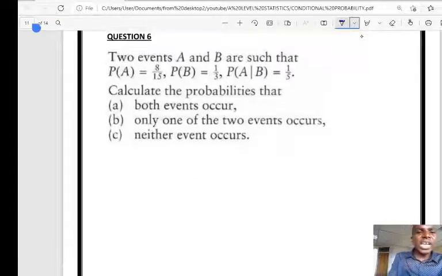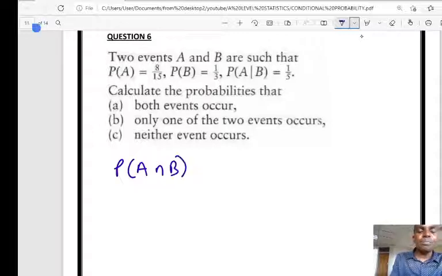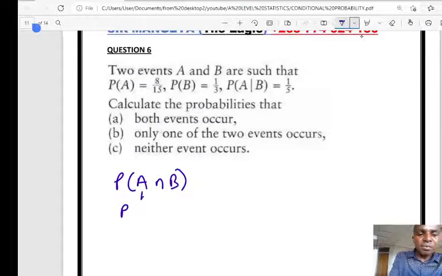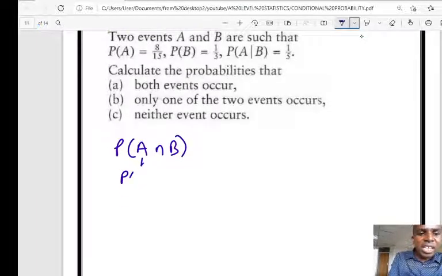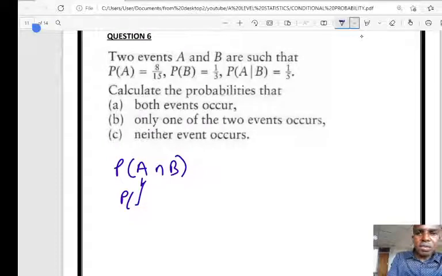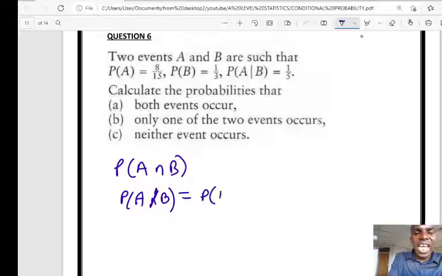Both events occur is probability of A and B, or A intersection B, which you can find using our formula: probability of A given B is equal to probability of A intersection B over probability of B.